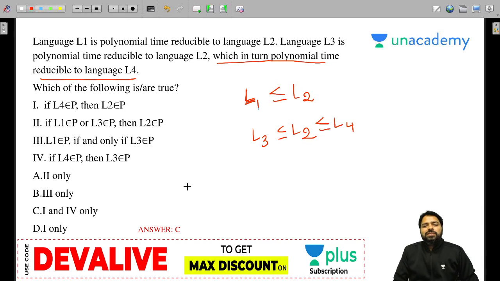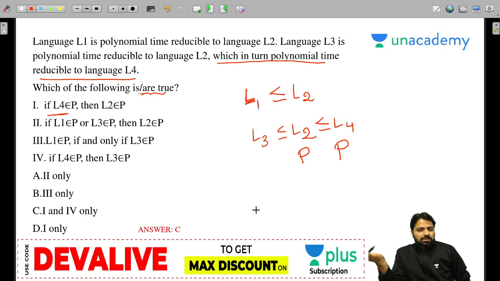Now the question is, which of the following are true? Can I say if L4 belongs to P, then L2 has to be in P, because L2 is reducible to L4? L4 looks like a project and L2 looks like a module. If the whole project is solvable in polynomial time, the module is also.